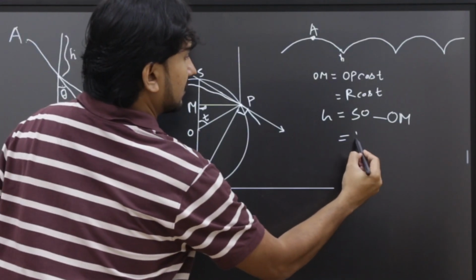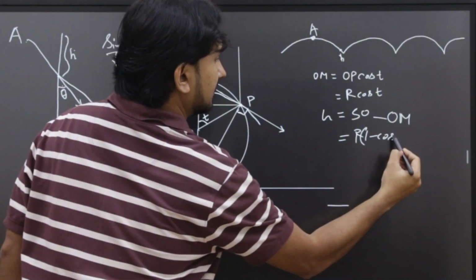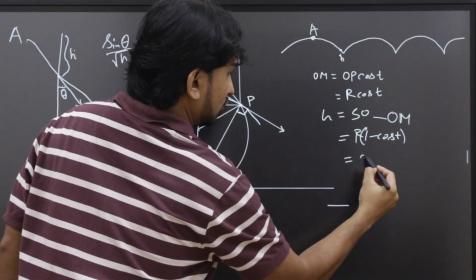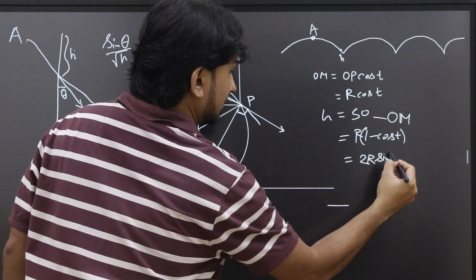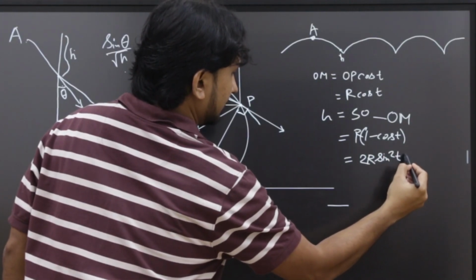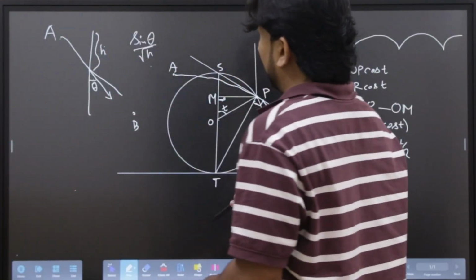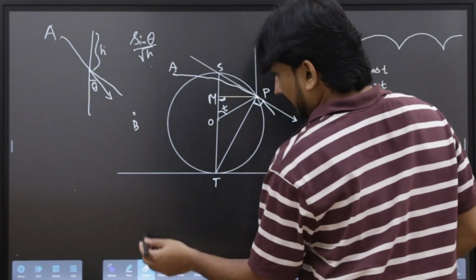So it's R into 1 minus cos T, which is 2R sine square T by 2. Good. Now I will wipe this temporarily.